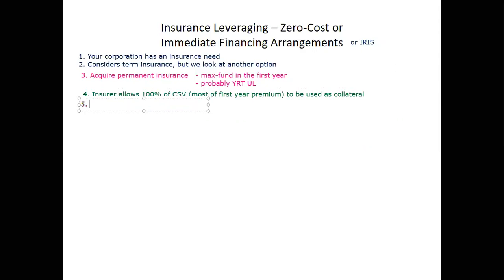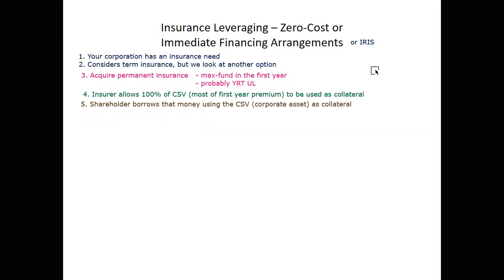So now my shareholder borrows that money using the cash surrender value, which is a corporate asset, as collateral. So now we have our shareholder actually doing the borrowing.